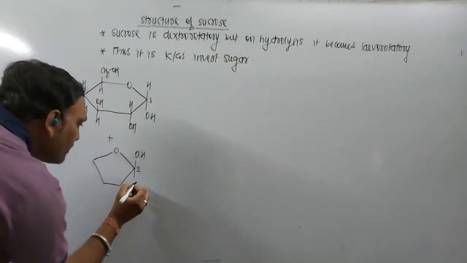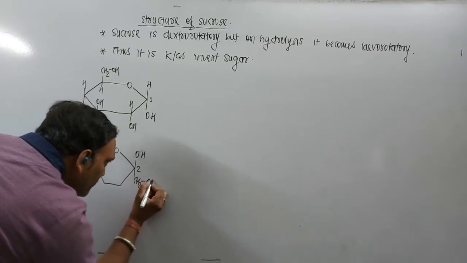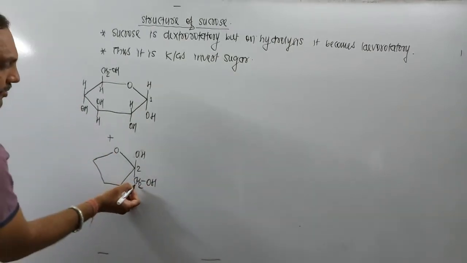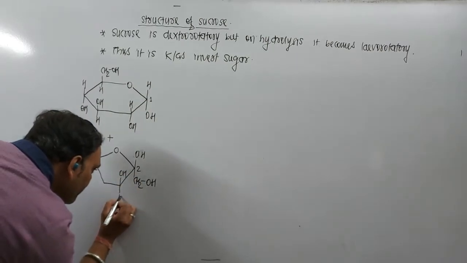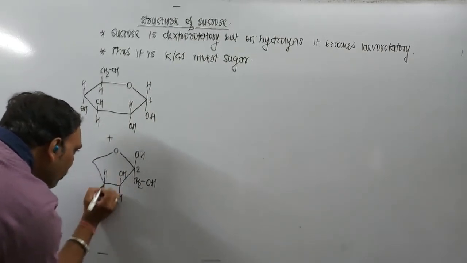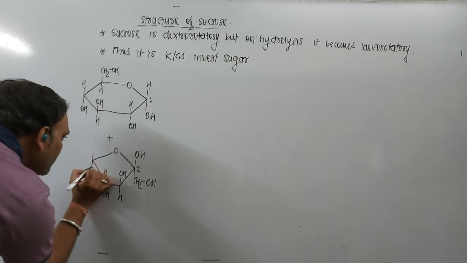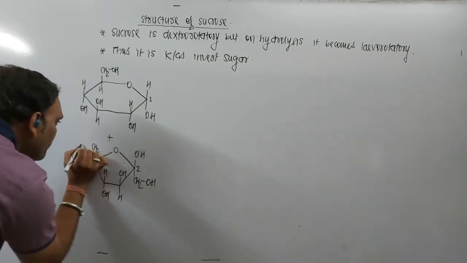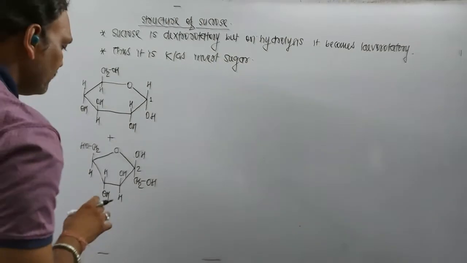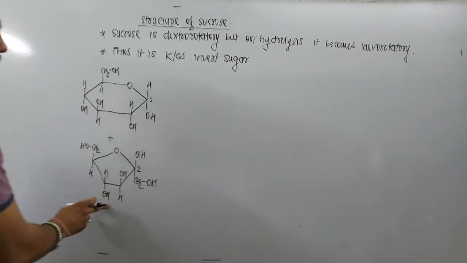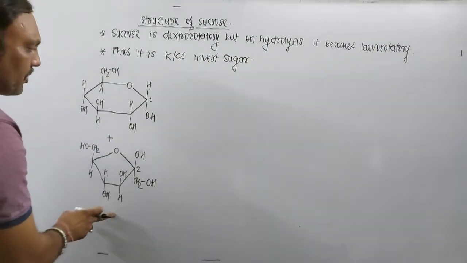So, the second carbon happens to be the anomeric carbon, with CH2OH. This happens to be the first carbon, this is the third one, this is fourth, and now this is fifth. To the fifth carbon, CH2OH and H are present like this. So this is the beta D fructofuranose.